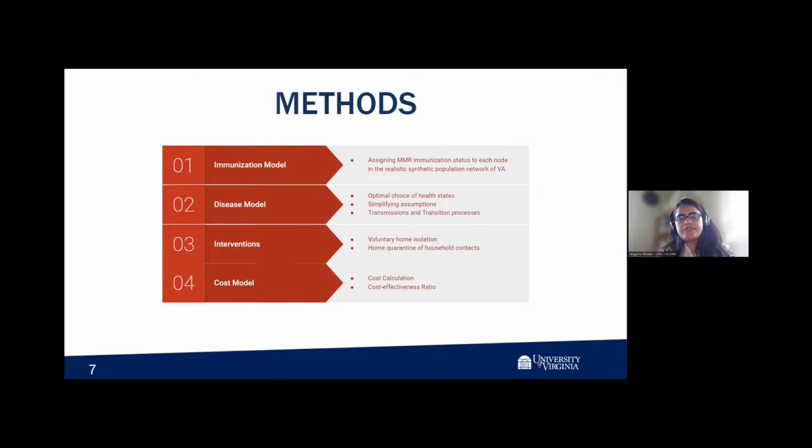Then as part of interventions, we have stay-home interventions for isolation of symptomatic diagnosed individuals, and quarantine for household contacts of the isolating individual. And lastly, for the cost-benefit analysis, I'll talk about what different costs we calculated and what the benefit calculations would be.